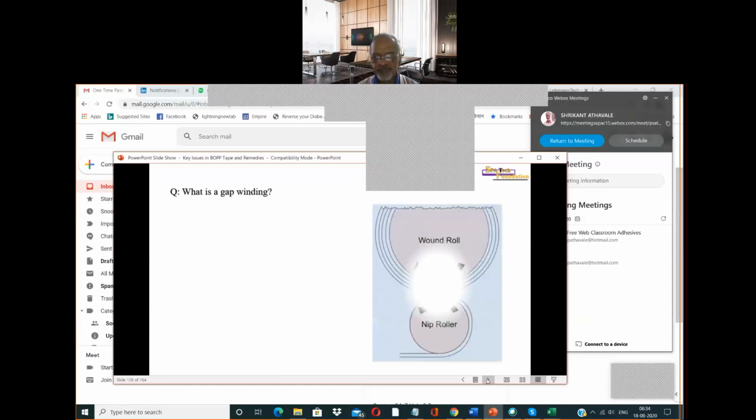What is gap winding? Now here is a picture. You will be able to see what is meant by gap winding. A gap winding is similar to a nip winding, but it does not contact or load against the roll.